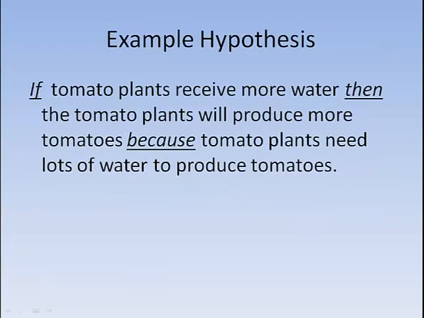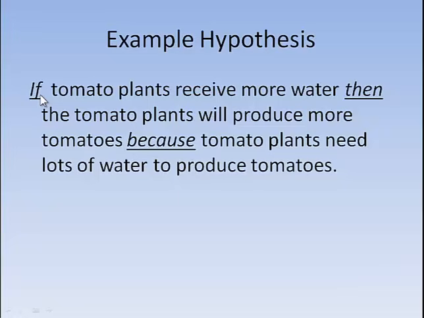So in my example, I believe that if I put more water on the tomato plants, that I'll get more tomatoes. So my hypothesis is if, now I'm going to talk about my IV, which I've decided is to put more water on one group of tomatoes than another.